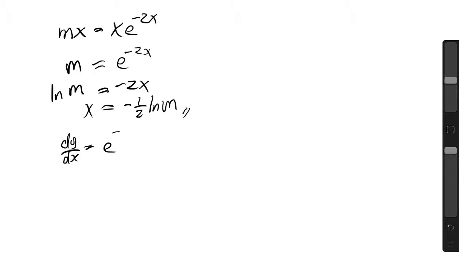So e to the minus 2x plus x times minus 2e to the minus 2x, and that would give me 1 minus 2x, e to the minus 2x.